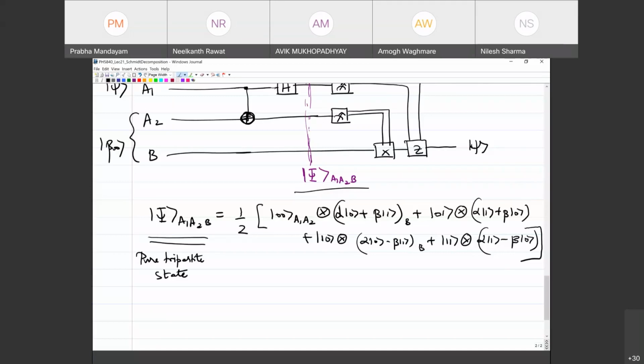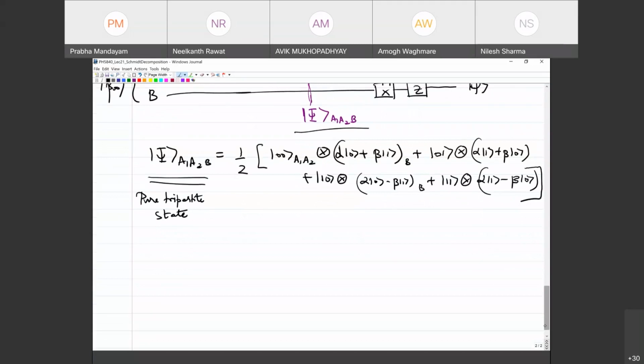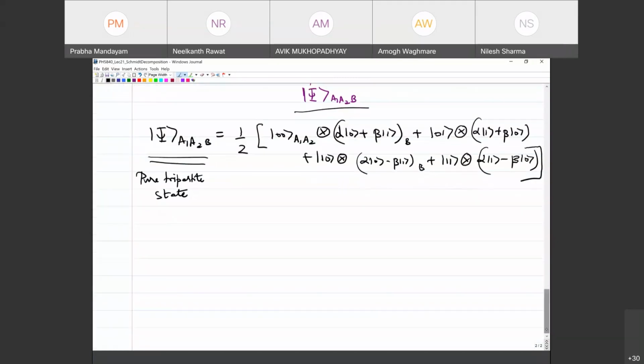We are sitting in Bharat's lab, okay? So what would be the local description in Bharat's lab? And that local description comes by tracing out Anita's qubits, right? So tracing out Anita's qubits, we get the local state of B, right?